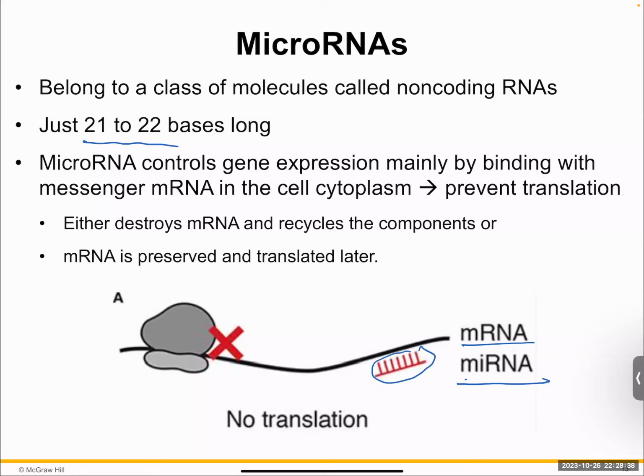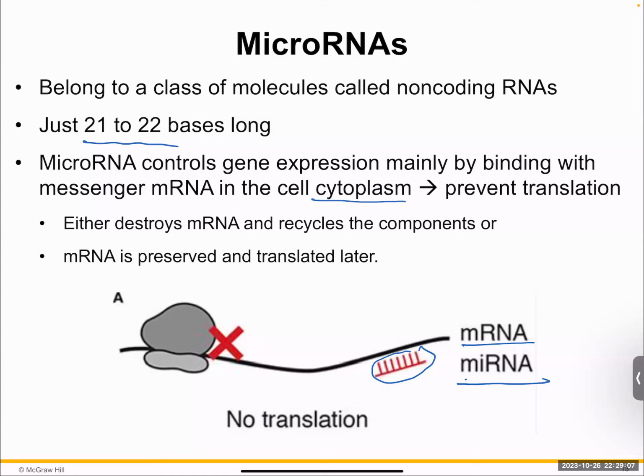So microRNA can control gene expression, and again protein synthesis, by doing two things. One of the things you notice is that the microRNA can attach itself to mRNA inside the cytoplasm of the cell, where translation is going to take place, and it will stop the translation from taking place. How does it do that?